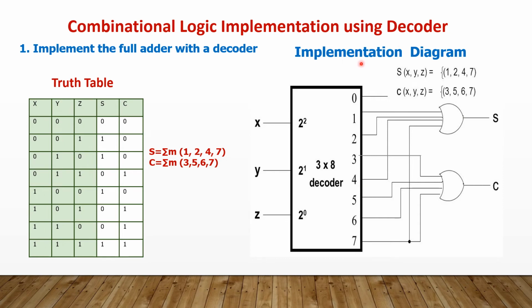Sum is in sum of minterms 1, 2, 4, 7, so we use an OR gate: 1, 2, 4, 7 are connected to the input of the first OR gate, and its output is the sum. Similarly, 3, 5, 6, 7 are connected together as input to the second OR gate, and the output is the carry out. Likewise, any combinational logic circuit can be implemented this way.